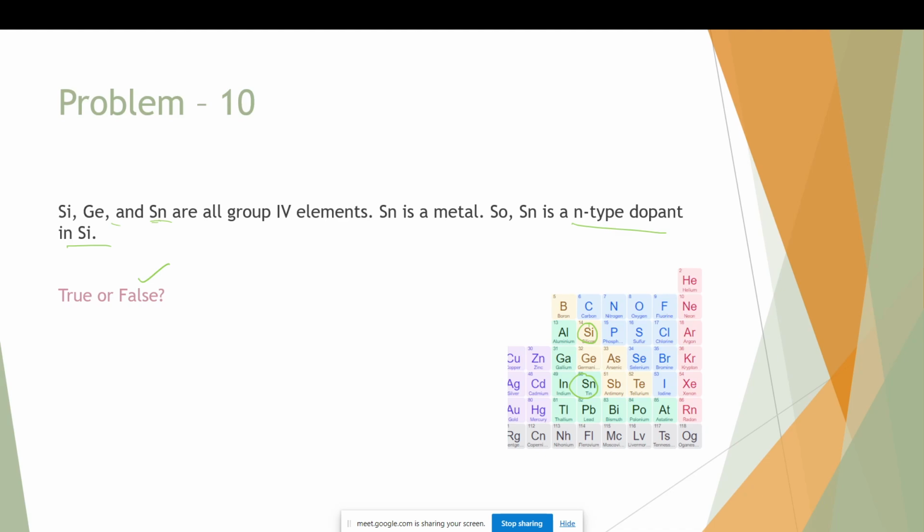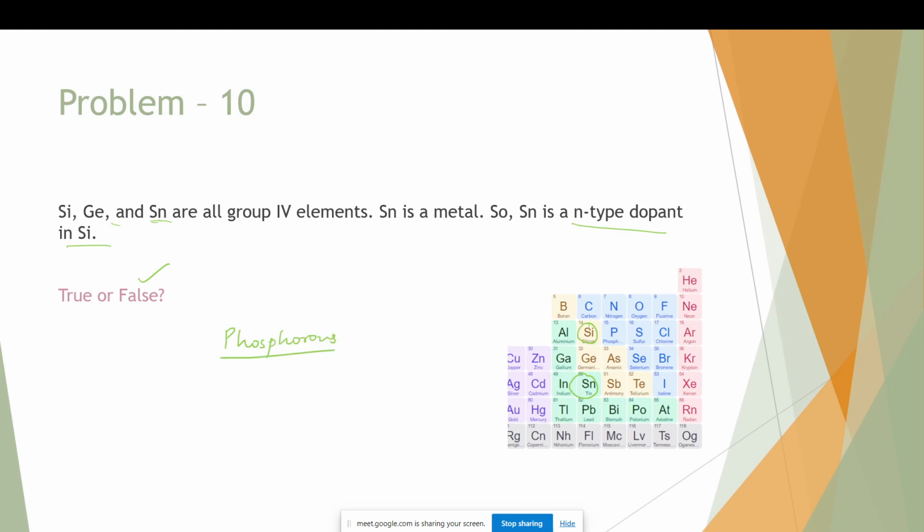Just because it's a metal, it won't act as an n-type dopant. Which of these materials will act as an n-type dopant? Phosphorus will act as an n-type dopant.